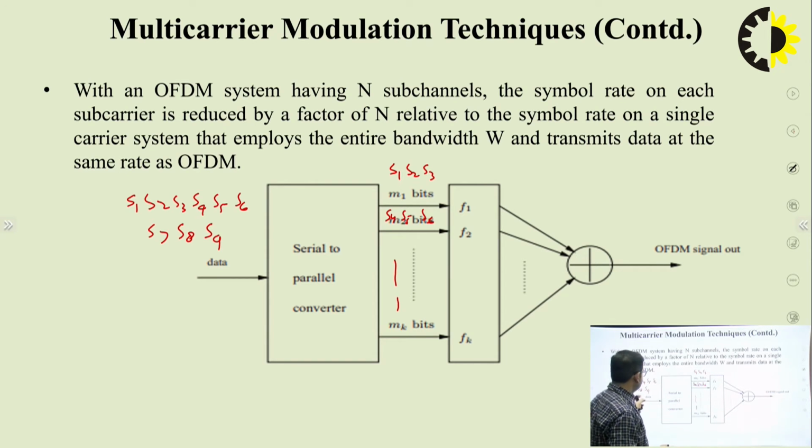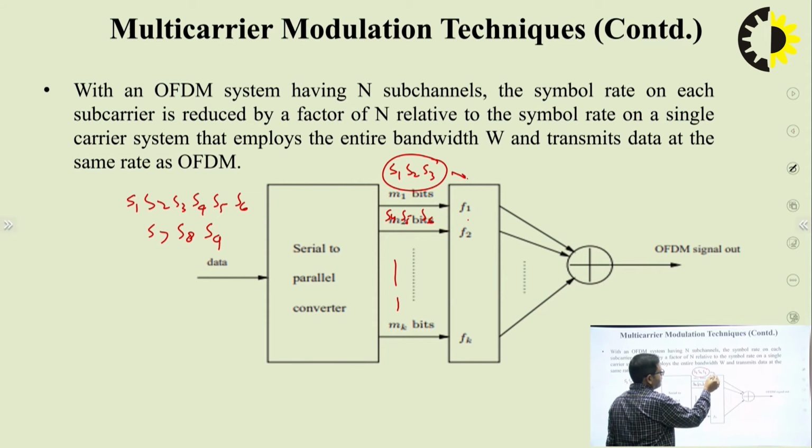After converting this serial data into parallel, each symbol group is assigned a different frequency, like S1, S2, S3 is assigned F1 frequency, S4, S5, S6 assigned F2 frequency, and these frequencies are orthogonal with each other.